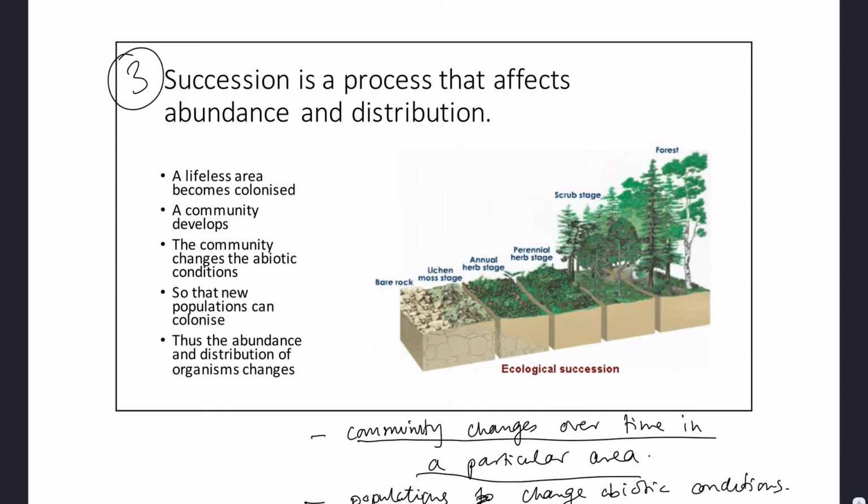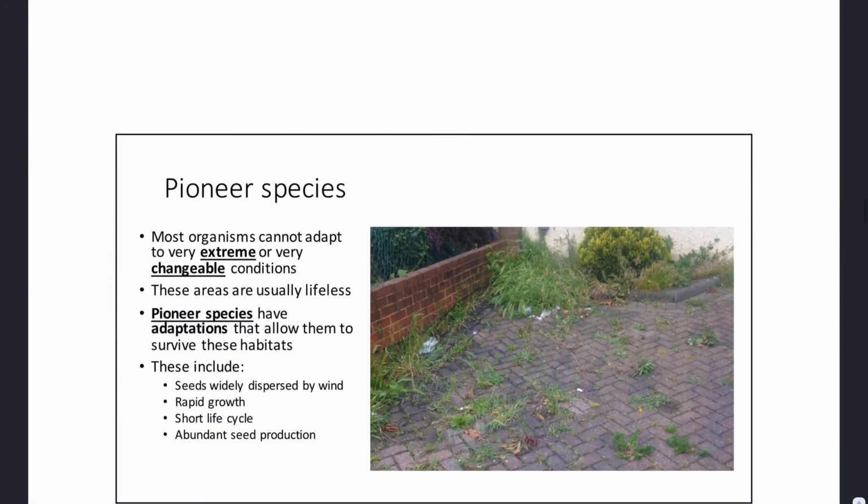So this is the process of succession, all right? And it's really specifically all about the communities, all right? It's about the living organisms in that place. So let's look at that process, okay?